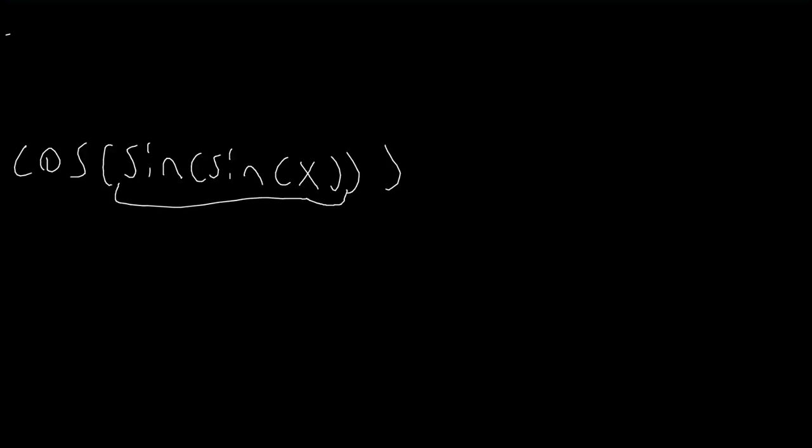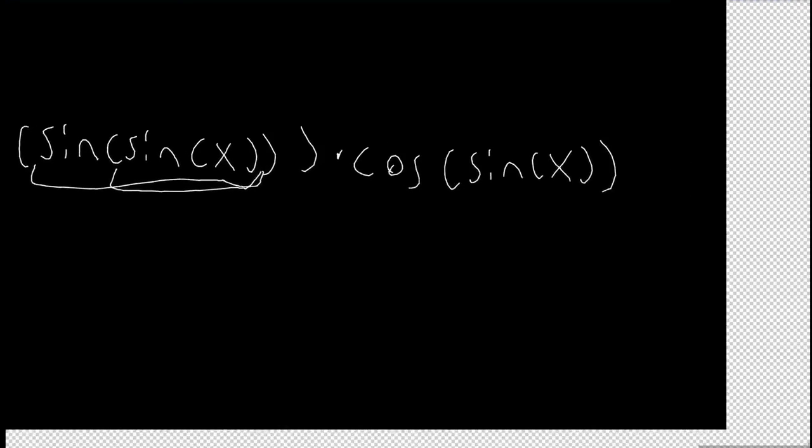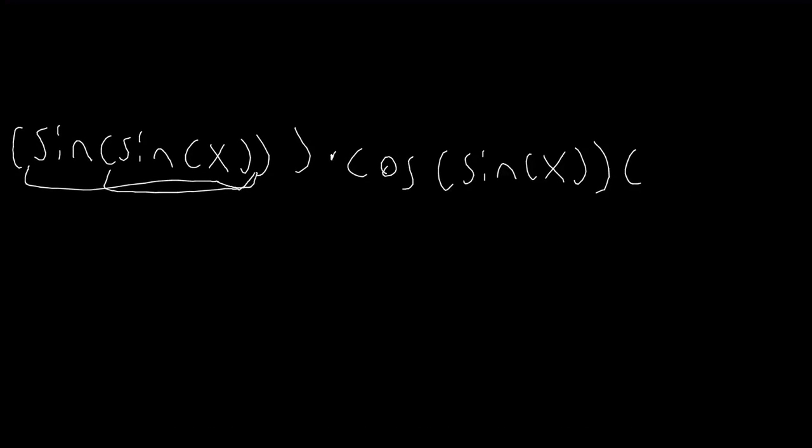So we just multiply by cosine again, because the derivative of sine is cosine. And this is our inner right there. So it's cosine of sine of x, and then multiply by the derivative of sine of x, which is cosine of x. And that's going to be our answer.